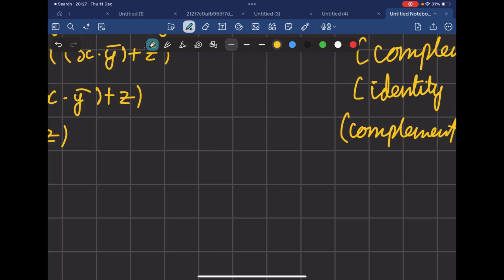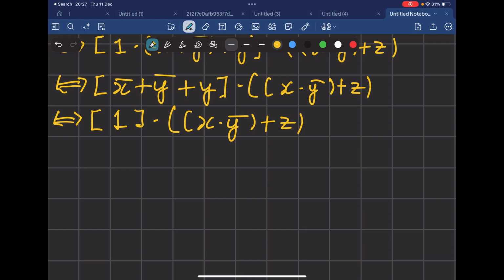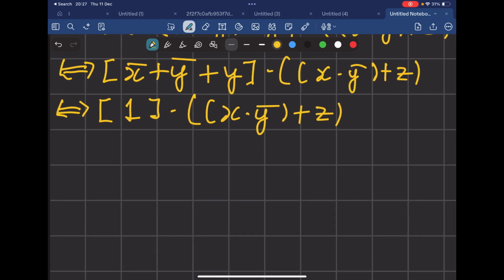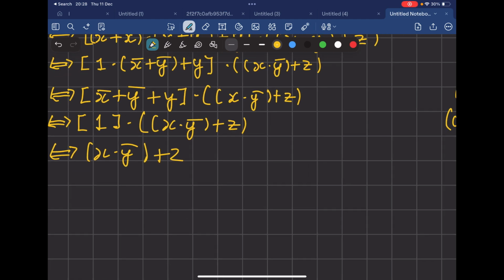Okay, next we can again use the identity law because 1 and anything is just anything. So we can remove the 1 using the identity law. So this becomes x and not y plus z. Here we use the identity law. Scuffed handwriting, but still.